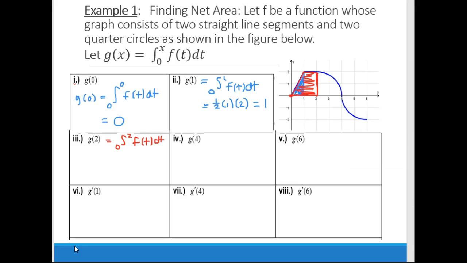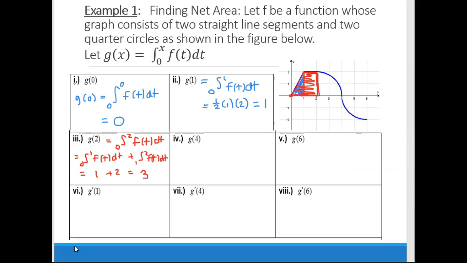You could also consider turning it into two integrals where you integrate from 0 to 1 and then 1 to 2. And we already know the value from 0 to 1 is 1. So now you just have to add to it the value of the rectangle, which would have base 1 and height 2, which is 2. So you get a total area of 3.